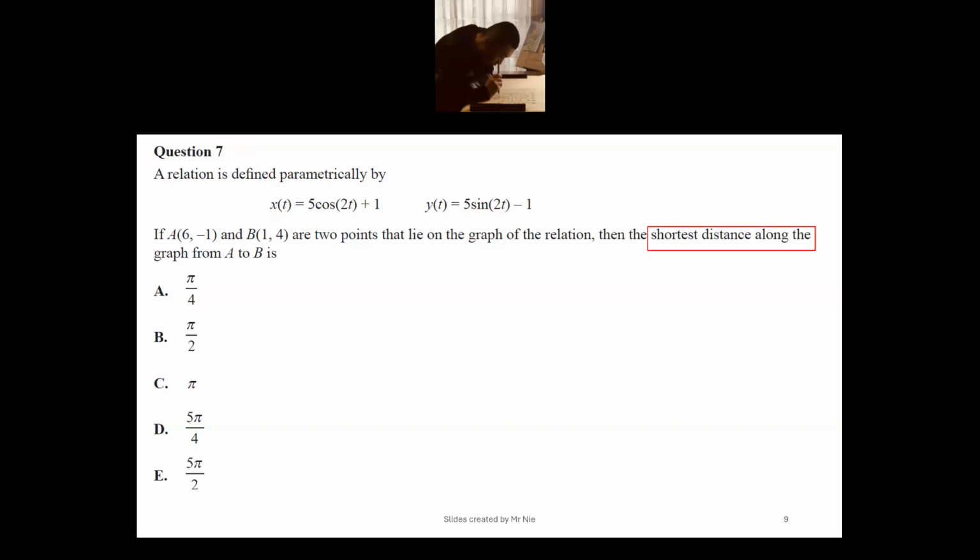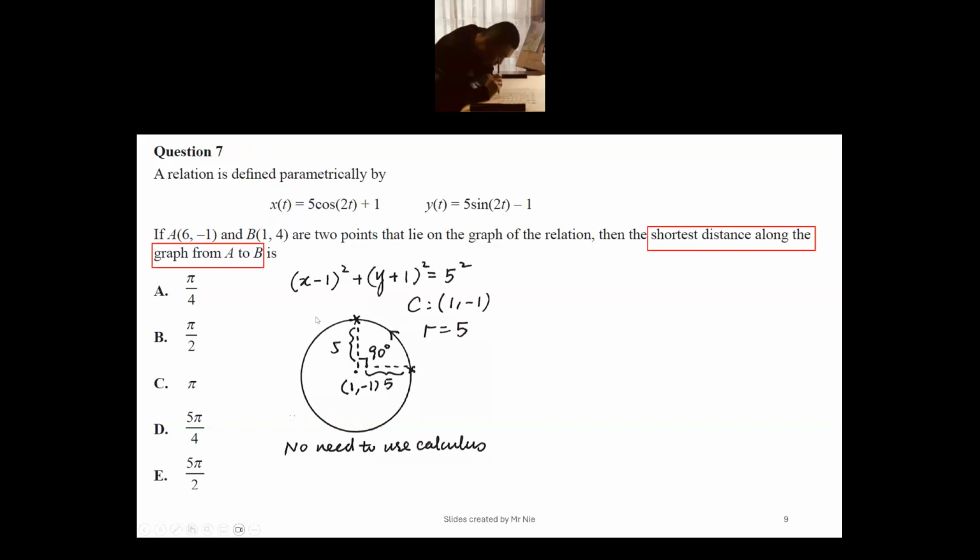So if you draw a diagram to represent this circle, you can identify (6, -1) and also (1, 4). So basically, it's traveling from the right vertex to the top vertex because it's a circle.